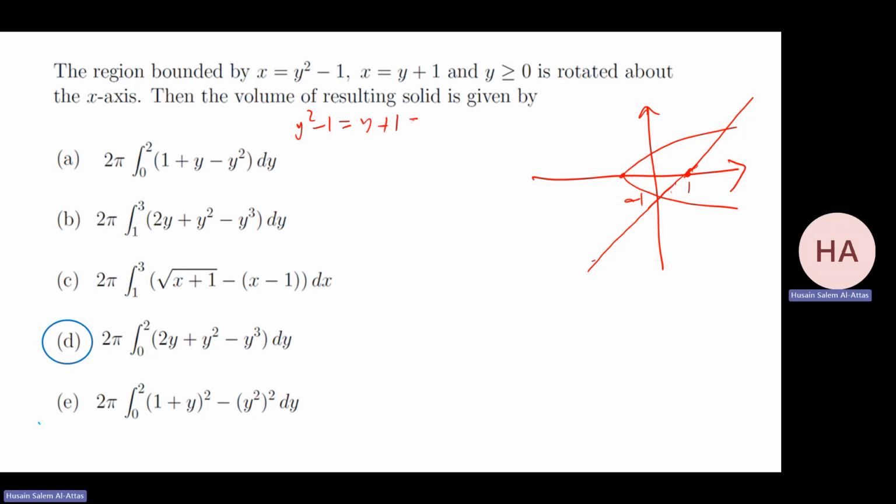I get y squared minus y minus 2 equals 0. That gives me y minus 2 times y plus 1, so y equals 2 or y equals minus 1. If y equals minus 1, the point is 0 and minus 1. If y equals 2, x will be 3, so the point is 3 and 2. I care about the y values, so it will be minus 1 and 2. This is 0. Now I will do the line.